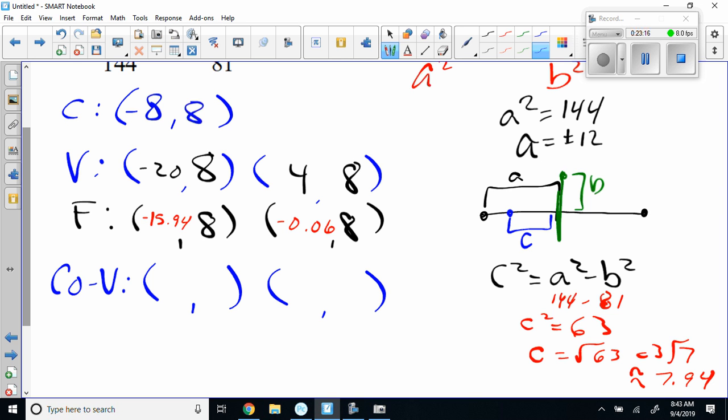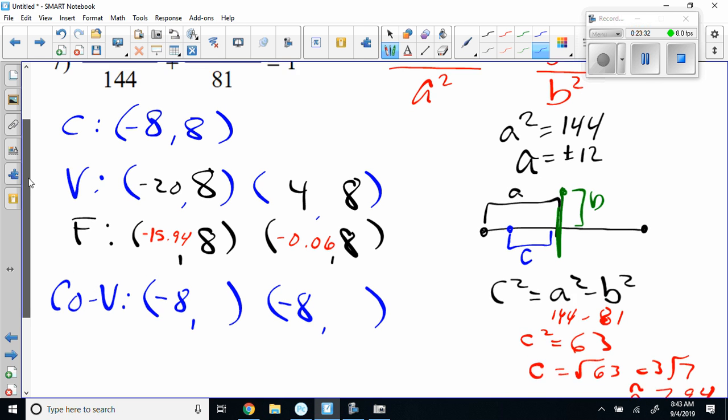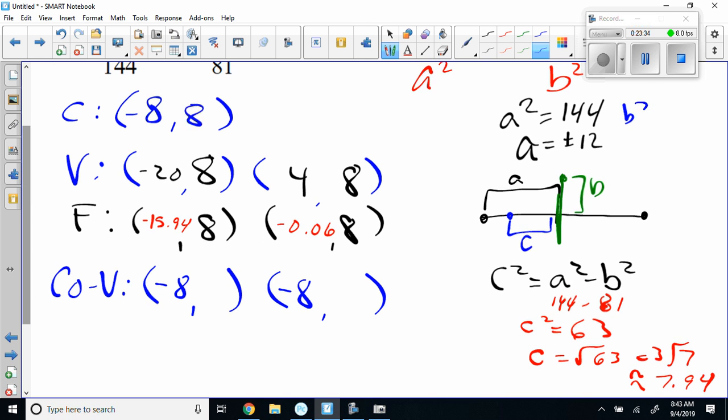So what coordinate stays the same if I'm doing vertical? My x. So let's look at my center. My center is -8. So the x value has to be -8, right? I'm going up from there. Now, how far am I going up? Well, B squared is 81, right? So B equals plus minus what? 9.